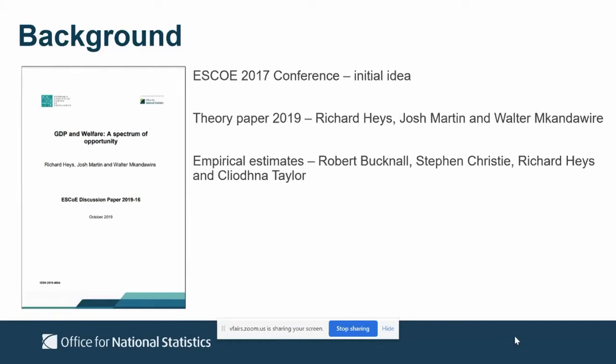This paper talks through more empirical estimates, and is the point where we've been able to take this theoretical work and, in the UK context, use mainly pre-existing data sources to provide some estimates and ask some key questions about what they tell us about welfare relative to GDP, whether those new data would be useful for policymakers, and indeed whether GDP acts as a strong proxy for those measures.